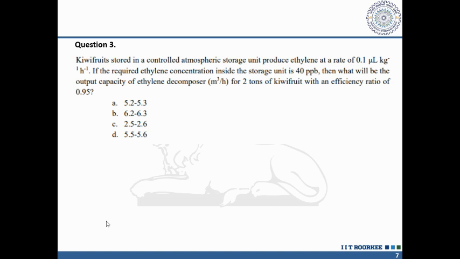So you have options A, B, C, D. If your answer lies between these, that will be your answer. I will give you 2 to 3 minutes. If you can solve it, please try and let me know. Then we will solve it together.